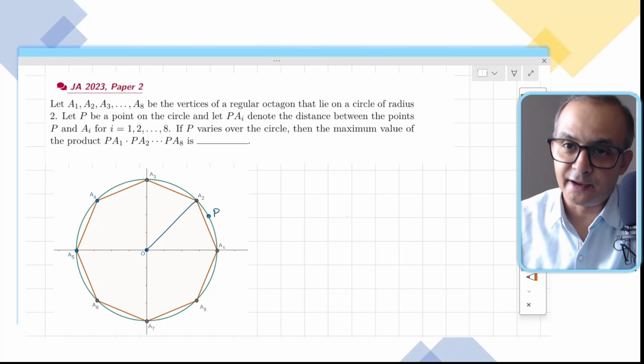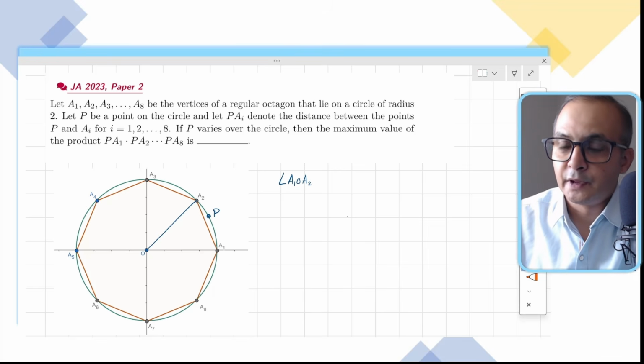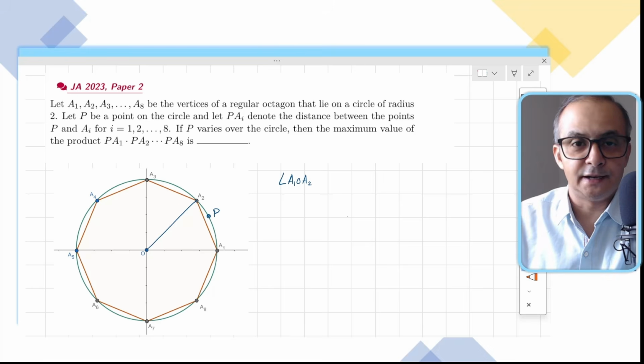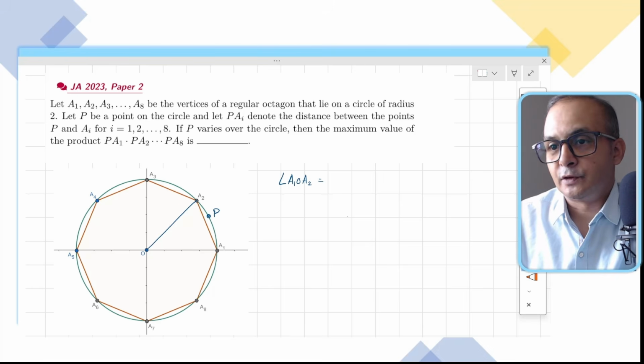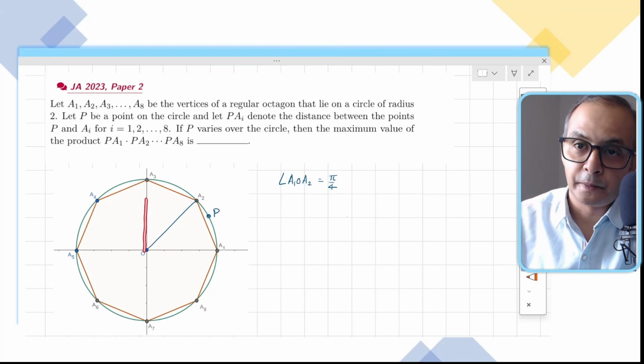If I ask you what is the angle A1OA2, any two consecutive vertices make an equal angle at the center. So that angle will always be pi by 4. Not only this, if you take A2OA3, that will also be pi by 4.